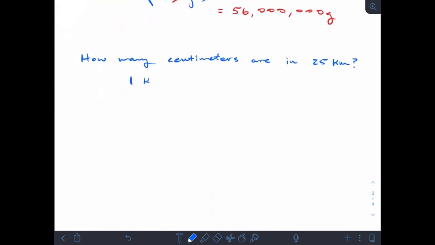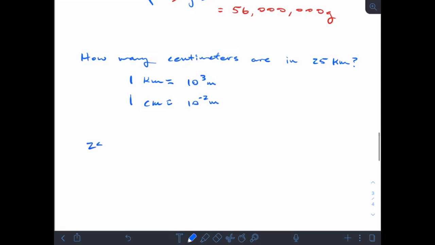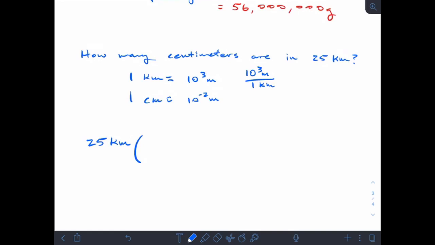All right, so 1 kilometer is 10 to the 3 meters, and 1 centimeter is 10 to the minus 2 meters. I'm going to start with my known quantity, and I'm going to write a conversion factor that puts kilometers on the bottom, because I want to get rid of the kilometers, and my relationship with kilometers is through meters.